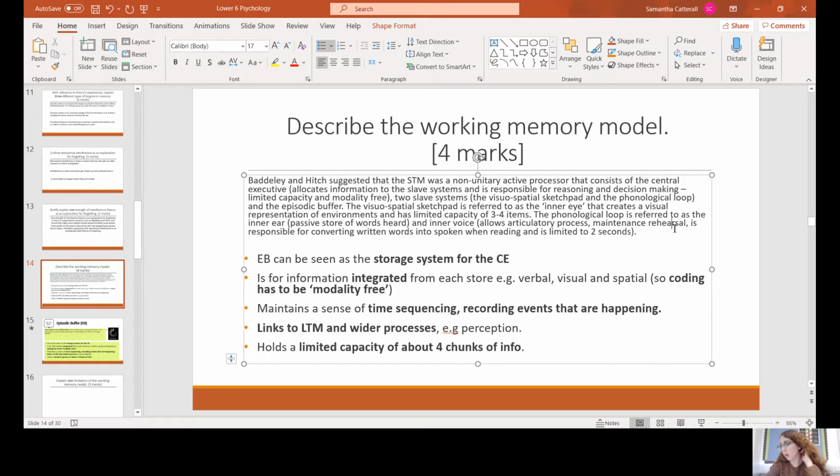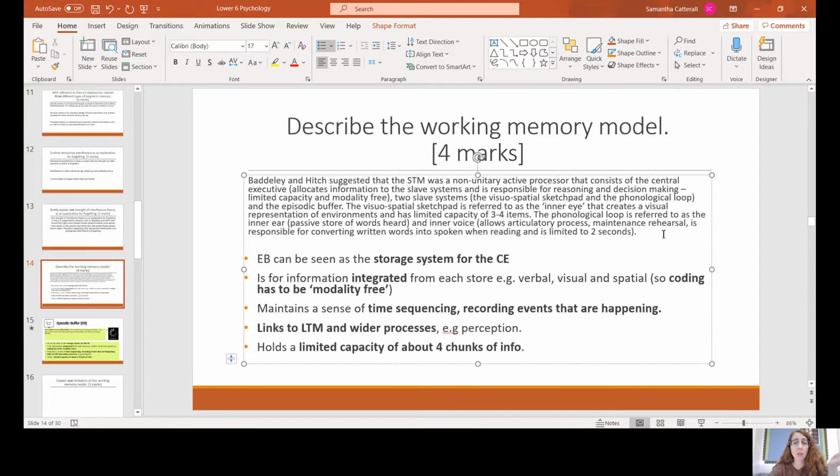Now, actually, I'm probably going into a bit more detail than what is needed, because you can actually get all the marks from mentioning what I've mentioned so far and not actually referring to capacity and duration. So here the duration of the phonological loop, and then the capacity of the visual spatial sketchpad.